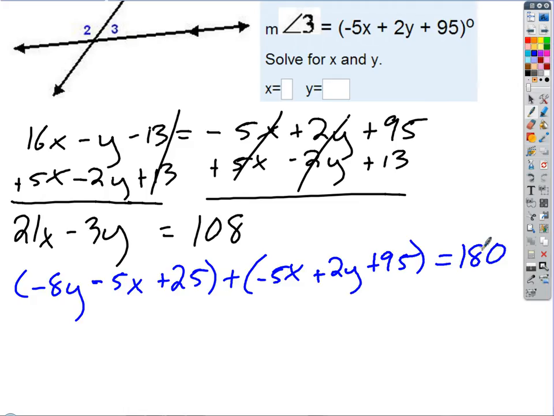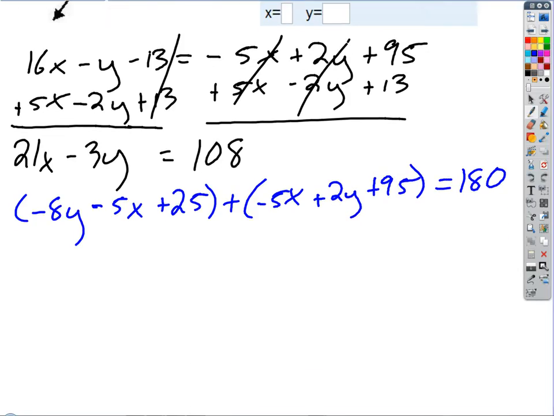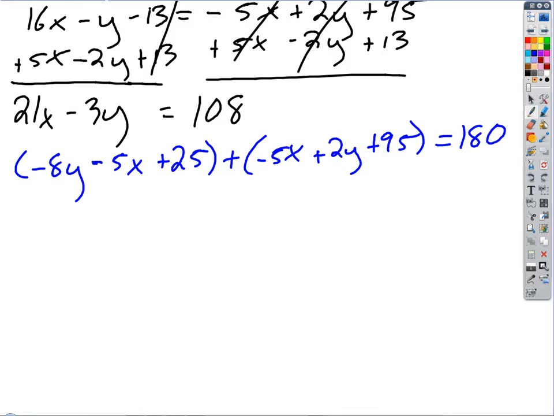Yep. And I can do the same kind of stuff. Now, do those parentheses really do anything for me there? No, they don't. I get rid of them. The only time parentheses are useful is if I'm distributing something over the parentheses or multiplying stuff. But nothing's being multiplied there on the left side, right? So I can just get rid of them. If I combine like terms on the left side, how about the x's? Negative 5x plus negative 5x is negative 10x.